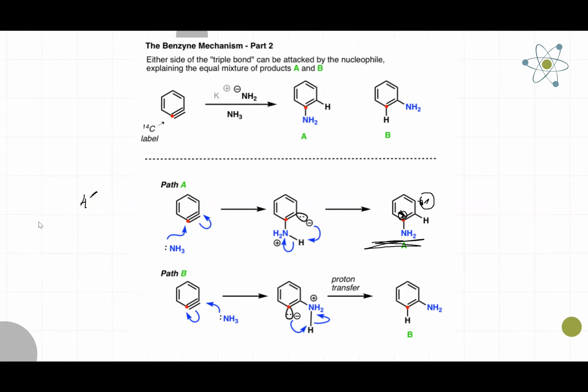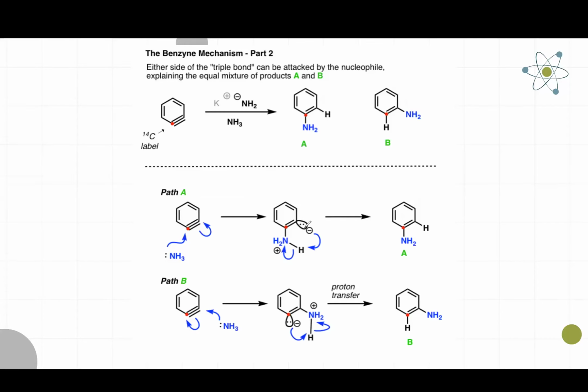What's going to happen is that this negative charge, as it shifts over, is just going to steal that H, hence why you have this kind of formation. Keep in mind how it makes two products. If I had, let's say, a CH3 here, a methyl group like this, you see how it still makes two products.